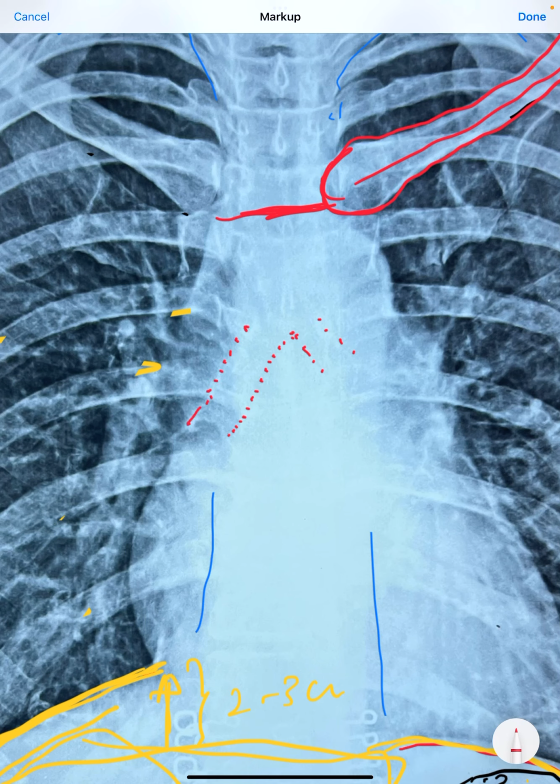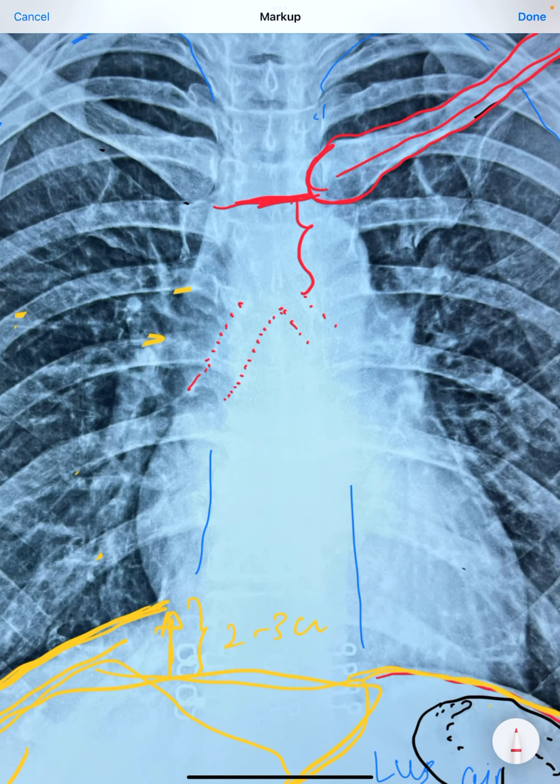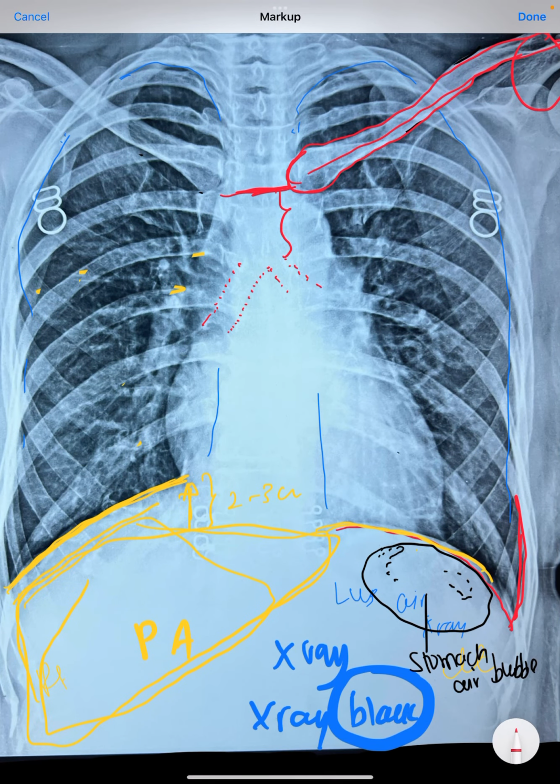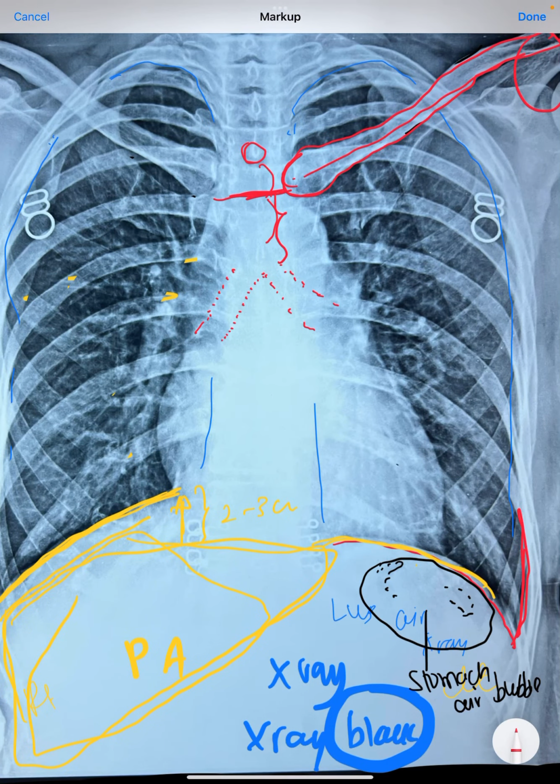So if you can appreciate, usually around 3 to 4 centimeter below this joint, you will have a division of trachea into right and left main bronchus. You can simply see that by one more thing: the spinous process at the level of this sternoclavicular joint, you have to come around two spinous processes where you'll get the division of the trachea into the two main bronchi. So this is one more important landmark that you have to always see.